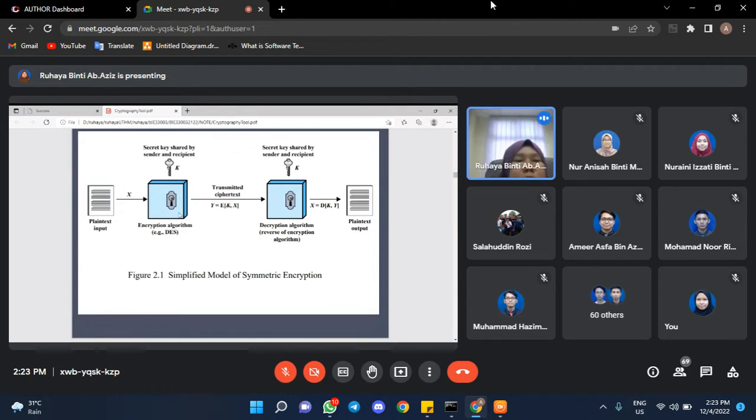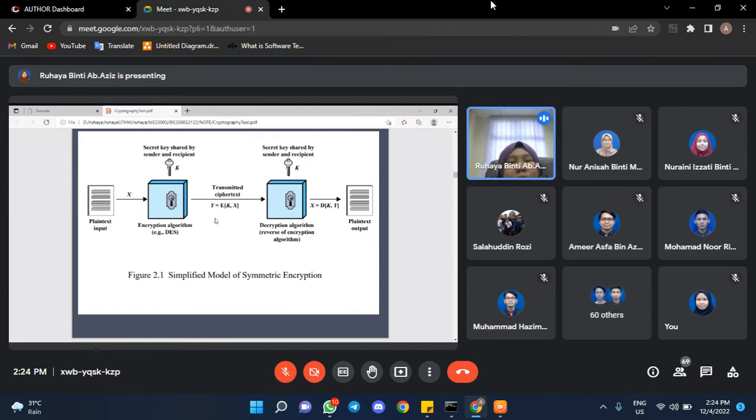You encrypt using cipher algorithms, encryption algorithms, and then you add the secret key, and then you transmit the ciphertext. When you encrypt, the algorithm changes the plain text into what we call ciphertext.